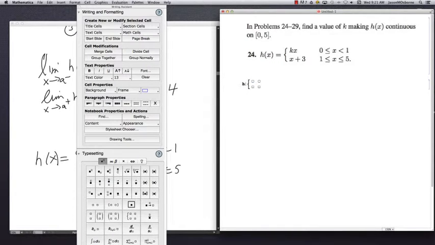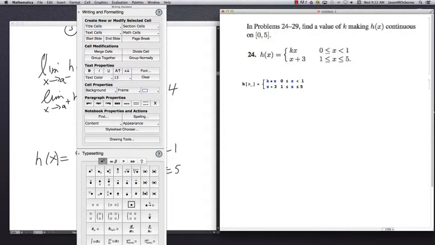Let's give this function a name, h of x. A little bit of syntax involved here. This would be k times x, and this is when x is 0, less than or equal to x, less than 1. Tab to go to the next value, it's x plus 3, when 1 is less than or equal to x, less than or equal to 5.